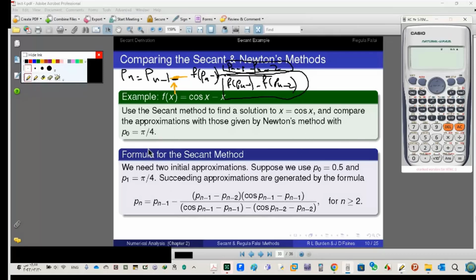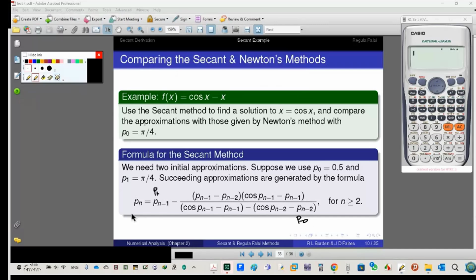So we have here two values, P0 and P1. See here, this is P1, this is P0, and this will be P2. Okay. Now, first of all, change to radian. Then Pn minus 1 is pi over 4.